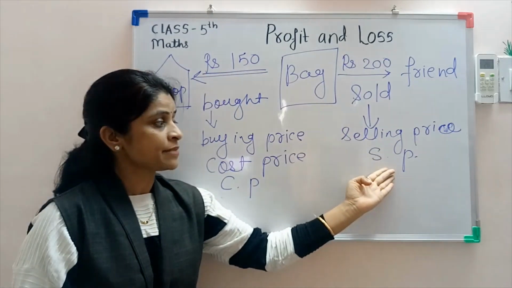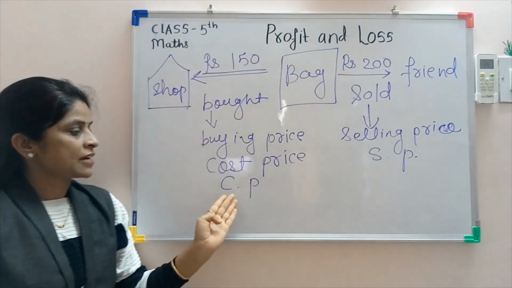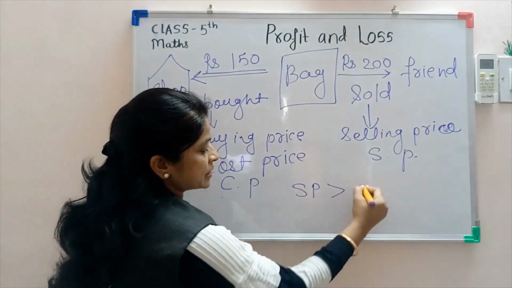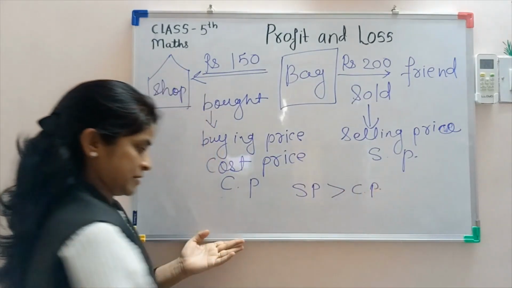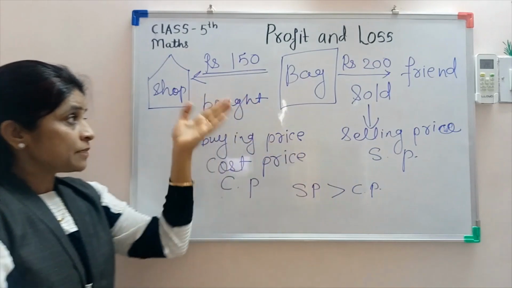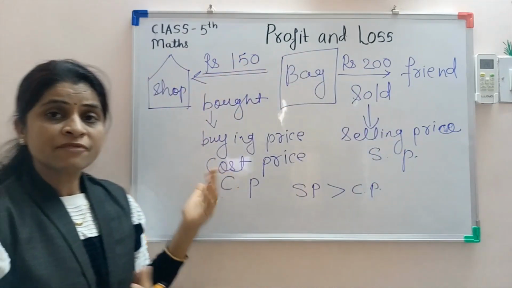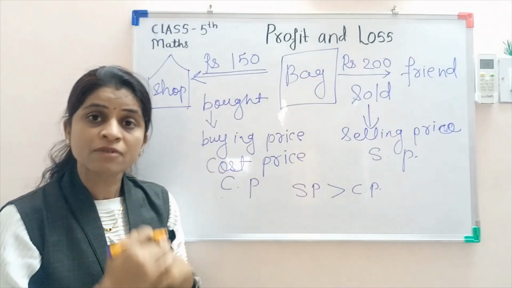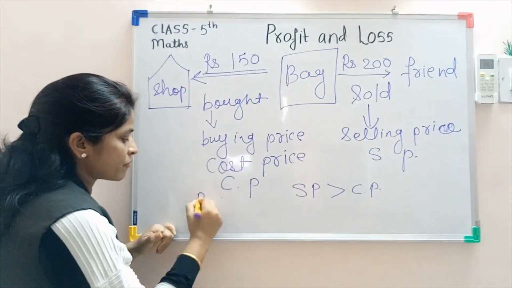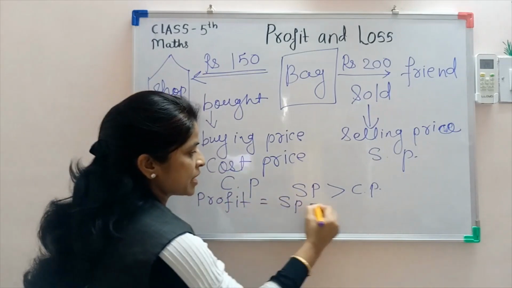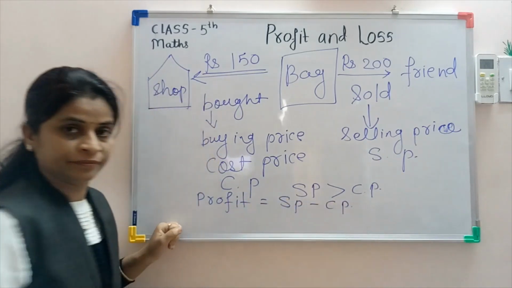Now here selling price is greater than cost price. So if selling price is greater than cost price, that becomes a profit. That means profit is nothing but the difference between selling price and cost price.